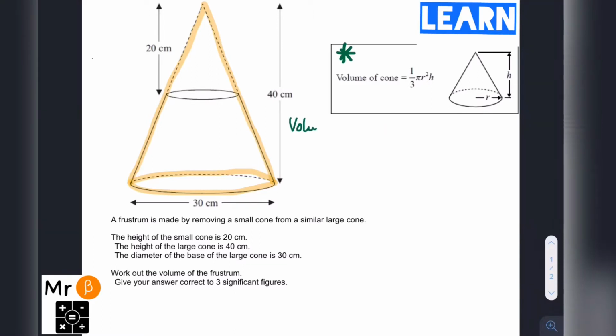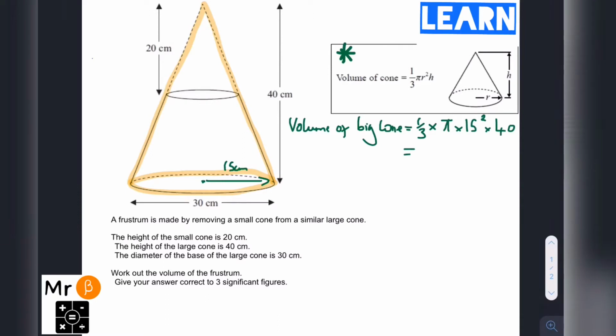So volume of the big cone is equal to 1/3 times pi times our radius. We know our radius is exactly half the diameter. It goes from the midpoint of your circle all the way to the one edge, and that's 15. So times 15 squared times your height. So it goes up to 40.